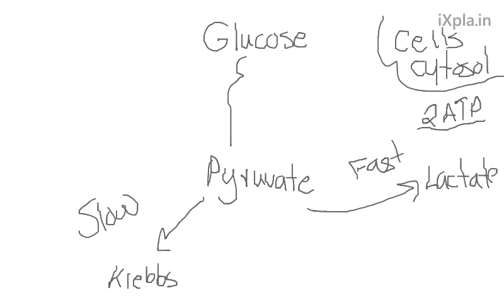When you form lactic acid, the consequence is you only form 2 ATP. But it's still more ATP than when you started. So thus it gives you energy, although at a not very high rate, it gives you energy extremely fast. So it gives you 2 ATP.